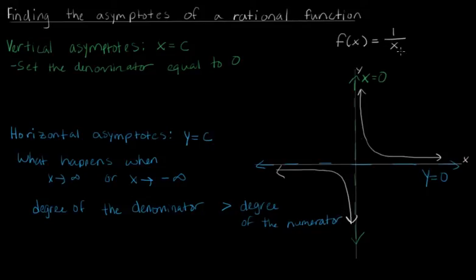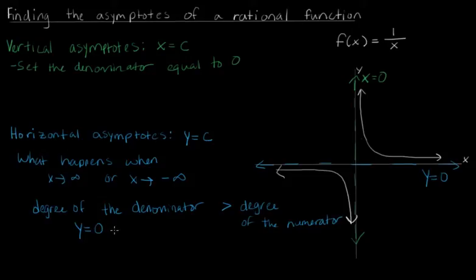There's an x, so the degree of the denominator is 1, and the degree of the numerator is 0. That means that when x gets really, really, really big, we're just going to have some number divided by a really huge number. And that means it's just going to go to 0, right? A number divided by a million, a billion, a trillion, it gets closer and closer to 0. So in that case, y equals 0 is always the horizontal asymptote.